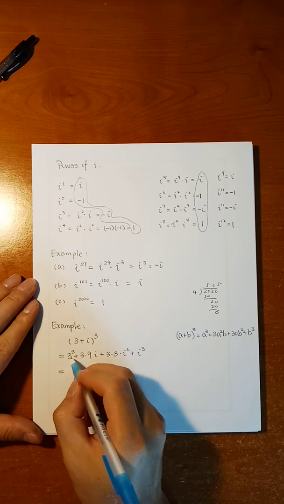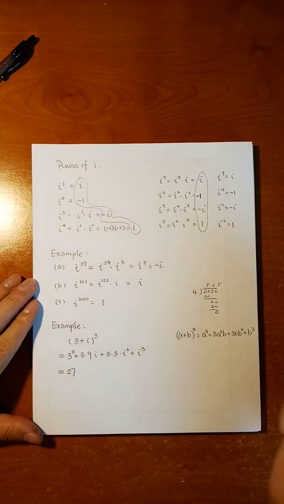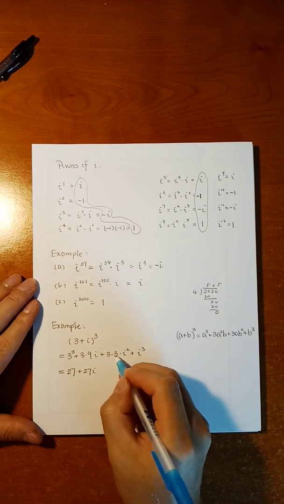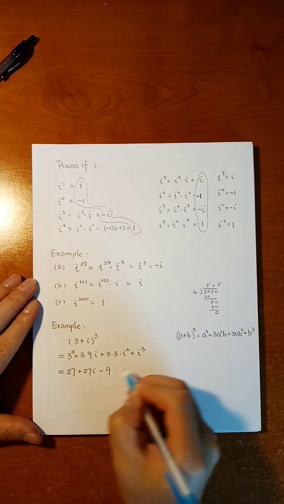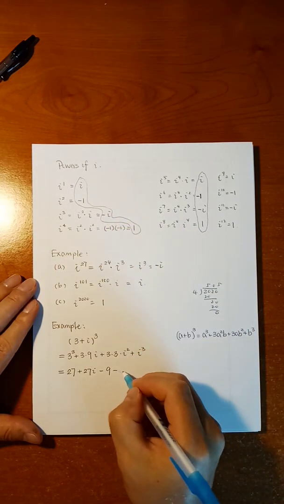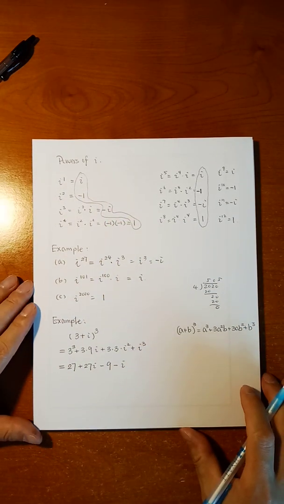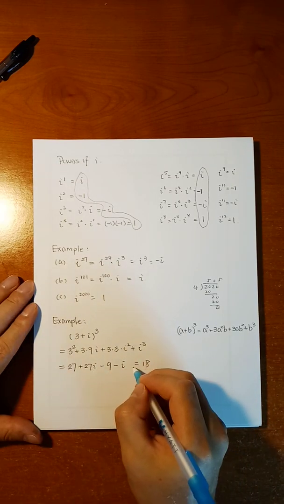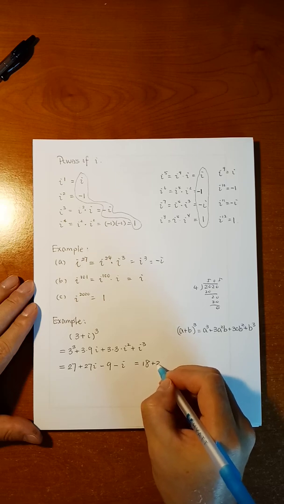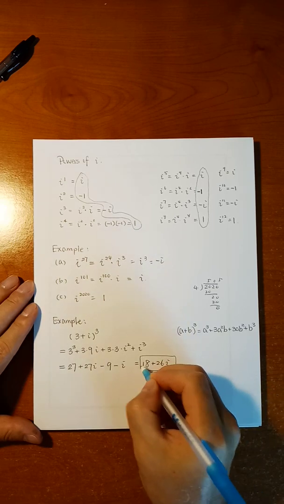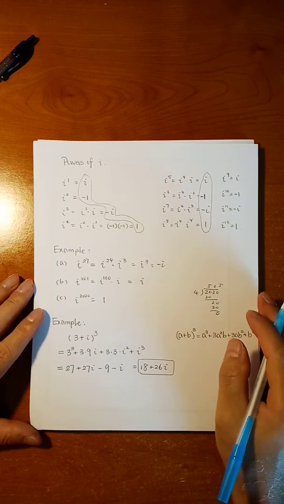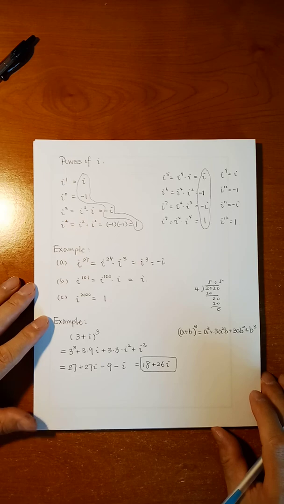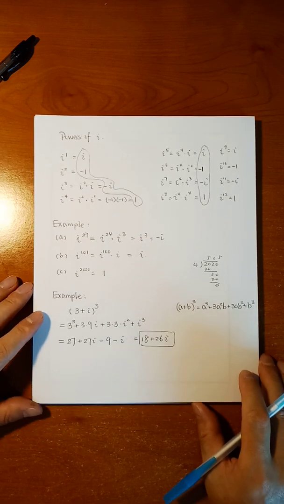Okay? 3 cubed, 27. 3 squared is 9 times 3, 27i. 3 times 3 is 9. i squared is negative, i cubed is negative i. So 27 minus 9, 18. 27i minus i is 26i. So 18 plus 26i. This is the standard form.